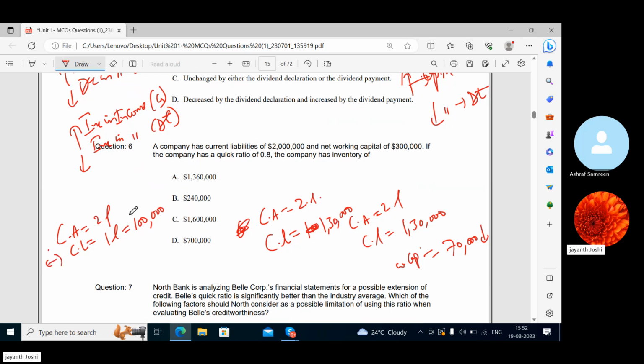My original working capital was 1 lakh. My working capital after dividend declaration has become 70,000. It has decreased. Now I will make the dividend payments physically.